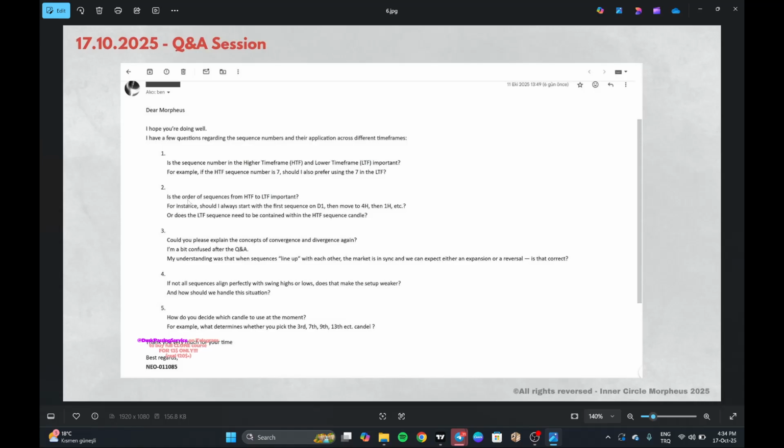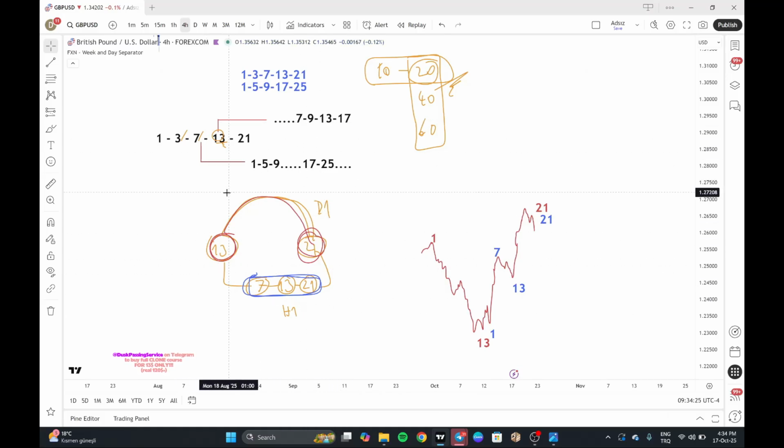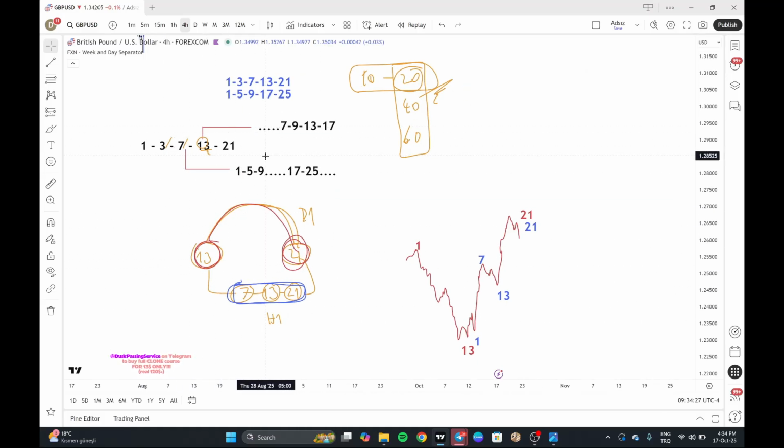Second question, is the order of sequences from higher time frame to lower time frame important? Yes, it's important. This is what I showed you here. There are different sequences happening at the same time.